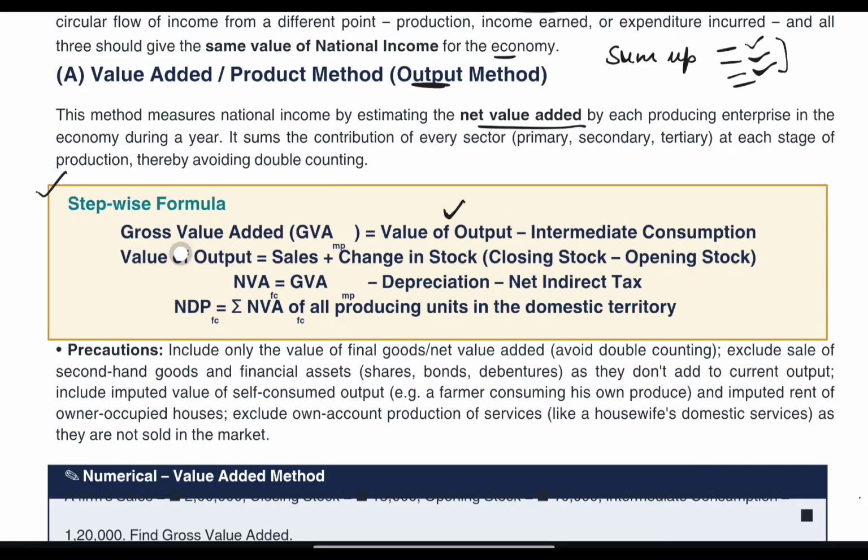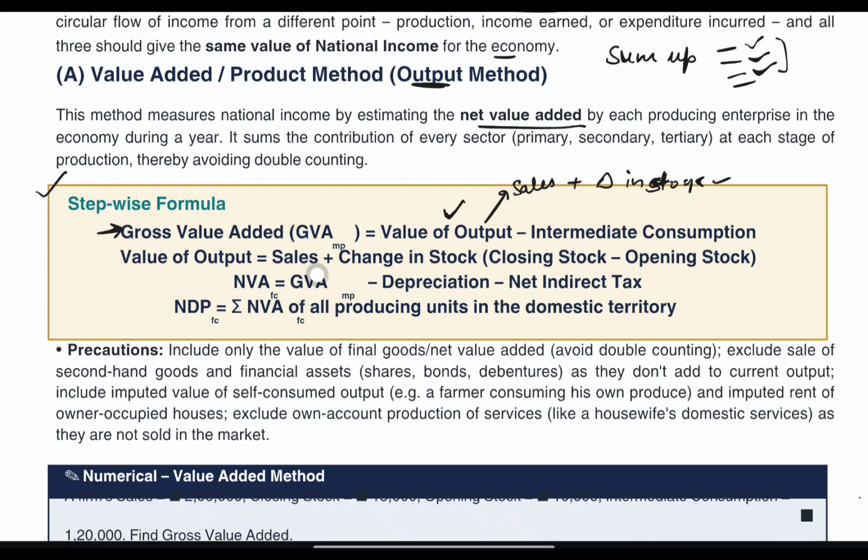So the main formula for gross value added is value of output minus intermediate consumption, and value of output is calculated as total sales plus change in stock.